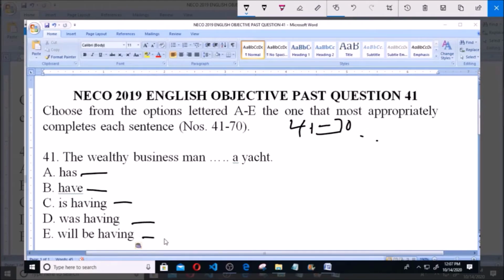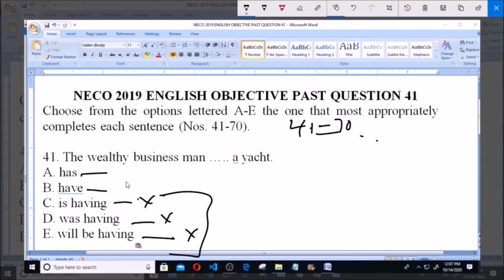E, will be having. First of all, options C, D, and E are out of context. These options cannot function grammatically in respect to this statement.